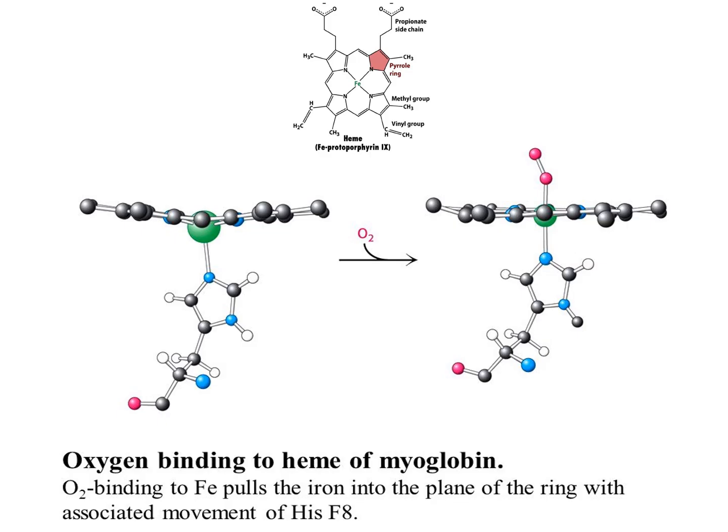And notice what happens when oxygen binds to iron. The iron moves in the direction of oxygen so that it becomes much more in the plane of the porphyrin molecule. On the left side, it was below the plane. Here, it's in the plane. And when it moves, it takes with it the histidine group of the globin chain.